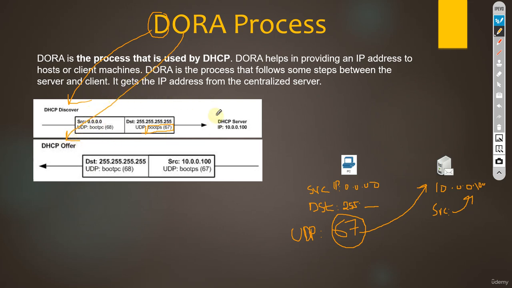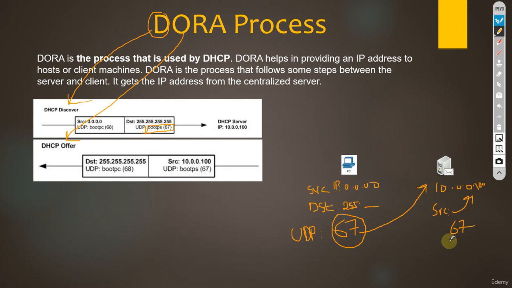This first request has already been submitted to the server. The server looked into the packet and found out that somebody is looking for an IP address. So I am going to send him an offer. Currently the source is the IP of my DHCP server, and my port number is 67.